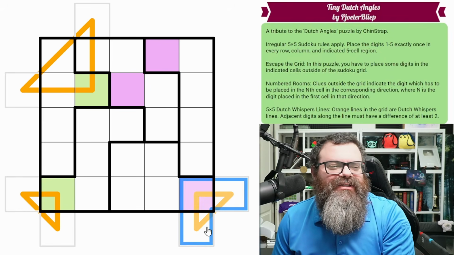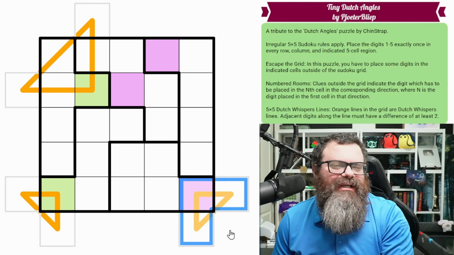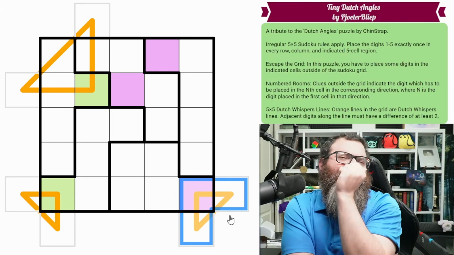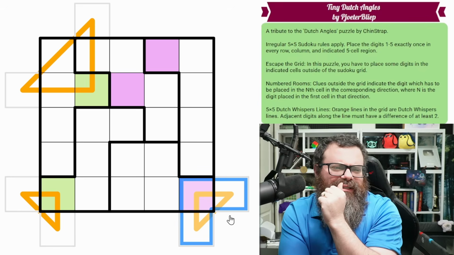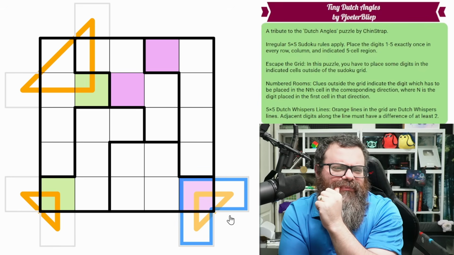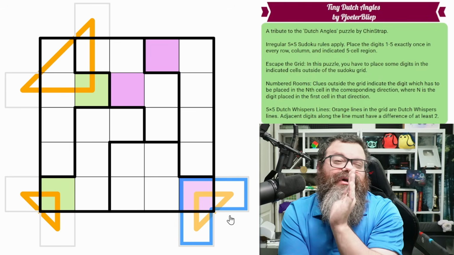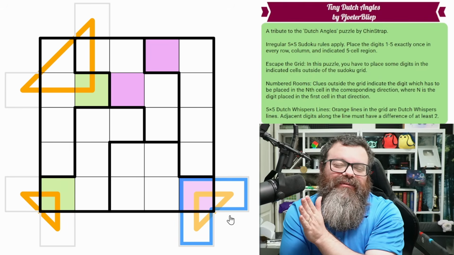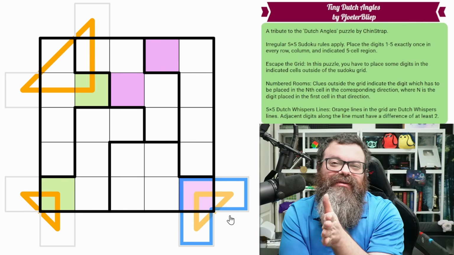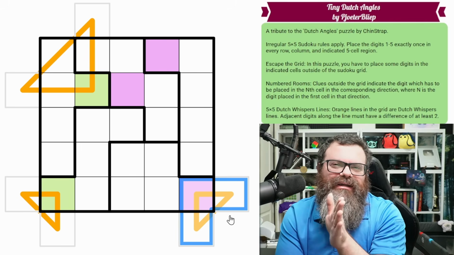All right, let's think about these really short Dutch whisper lines. Basically, with a difference of 2, the only way to increase twice, or decrease twice, but let's just talk about the only way to increase twice, is to go 1, 3, 5, right?